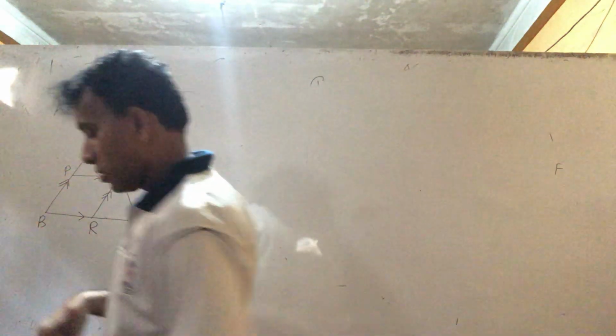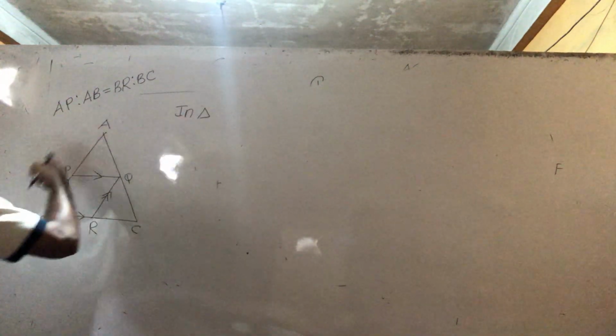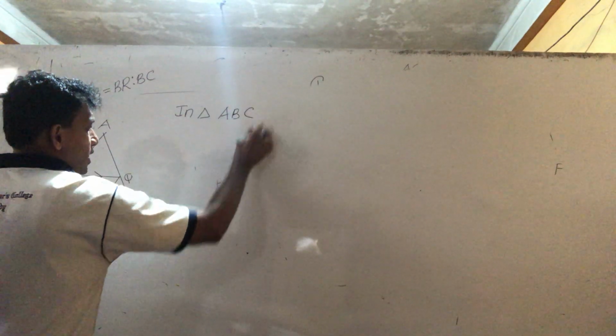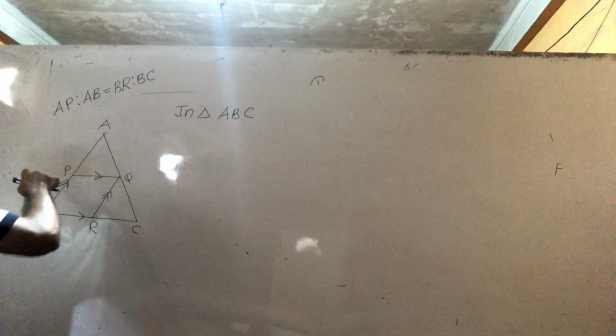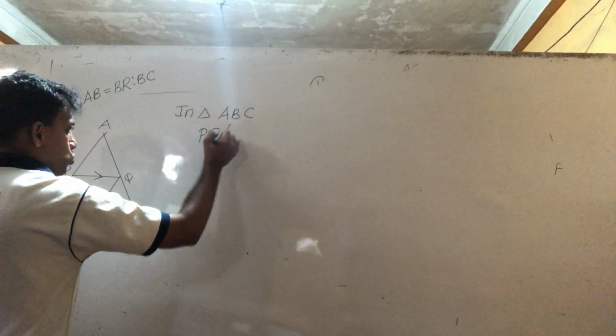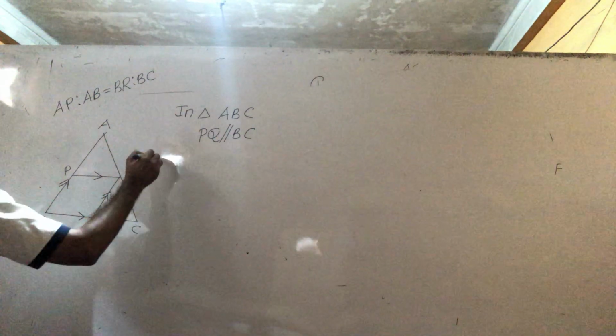Okay, so here, in triangle ABC, PQ is parallel to BC, right? Therefore, what is the ratio theorem?